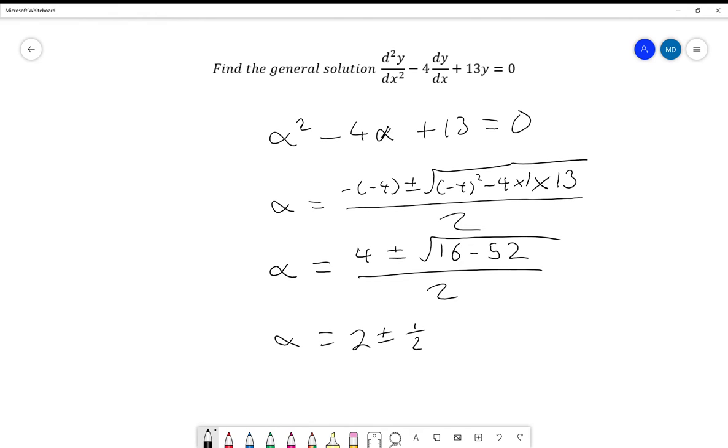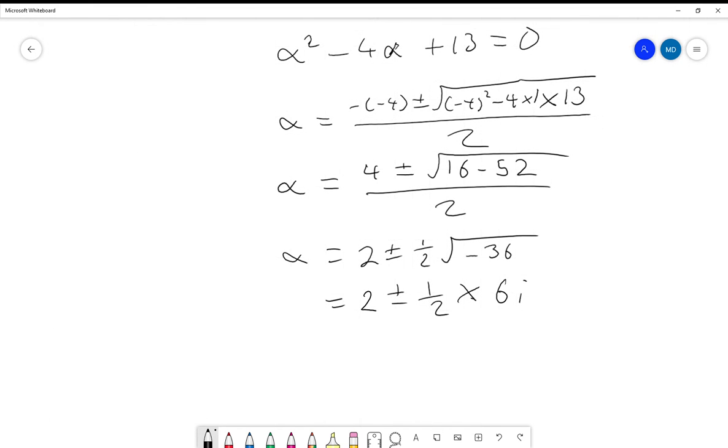If we divide by 2 it's the same as half of it. Well, that's going to give us negative 36. And so this is equal to 2 plus or minus a half of the square root of negative 36, which is 6i. And so we get alpha equal to 2 plus or minus 3i.